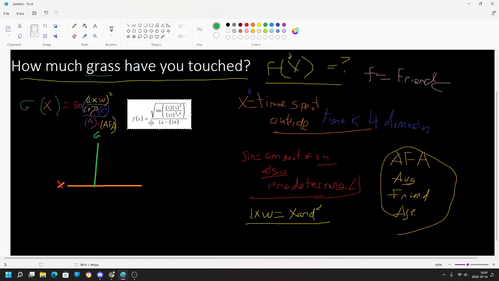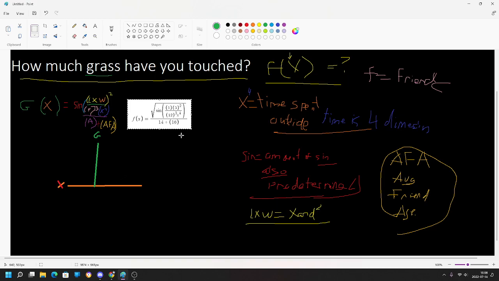So if you fill those in, your yard has a length and width of 1-3. You have 12 friends cubed. X is 4, and that's the amount of time you spent outside. My age, and then the average of your friends' ages.